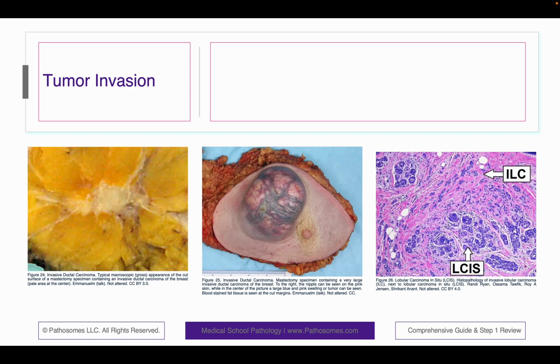The bottom right image shows invasive lobular carcinoma and lobular carcinoma in situ. This is histopathology of invasive lobular carcinoma next to lobular carcinoma in situ. All these are meant to signify that tumors can leave their site of origin and invade and cause havoc on adjacent tissue.